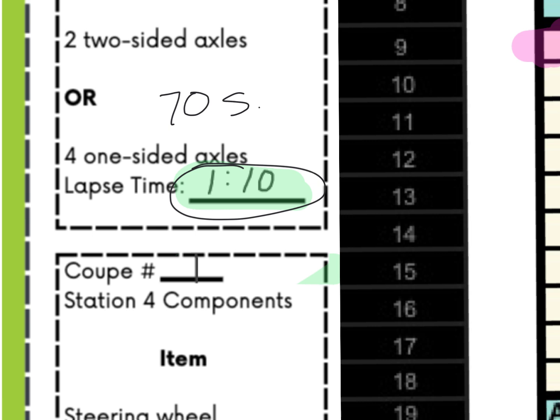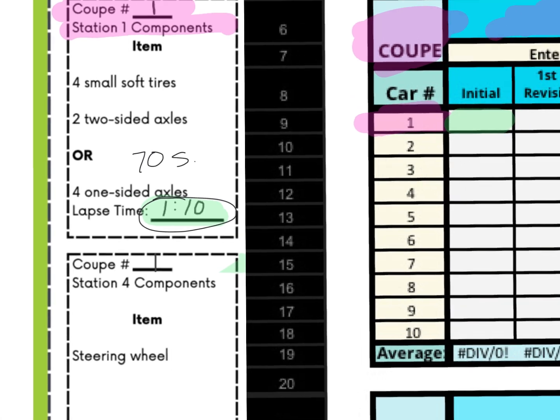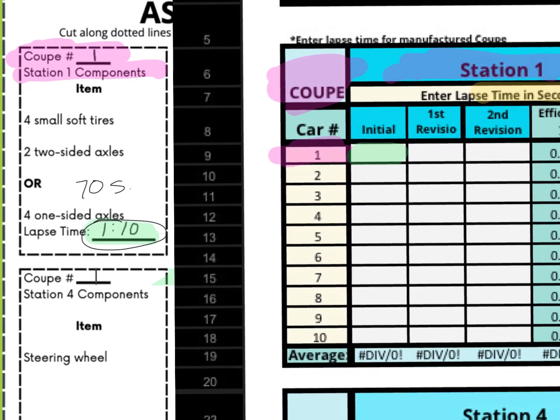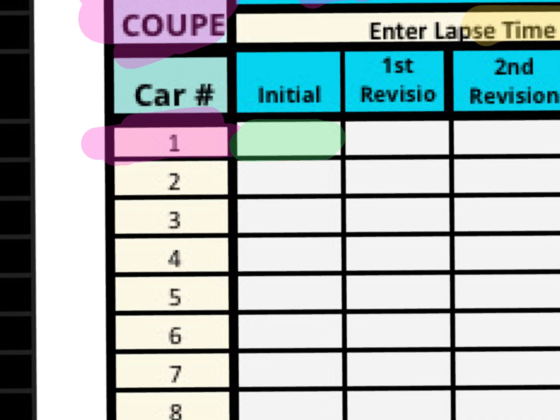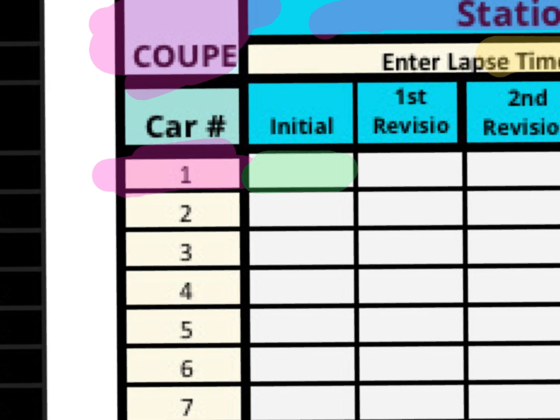So the lapse time for the first coupe that was made at station 1 of 70 seconds needs to go right here in this cell.